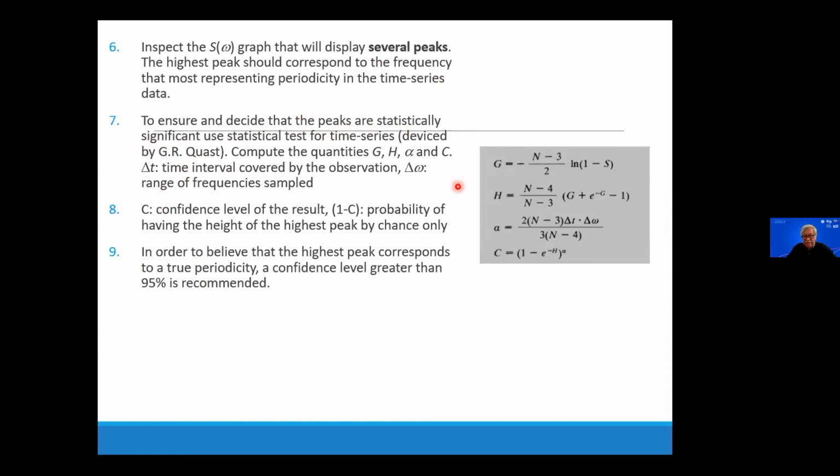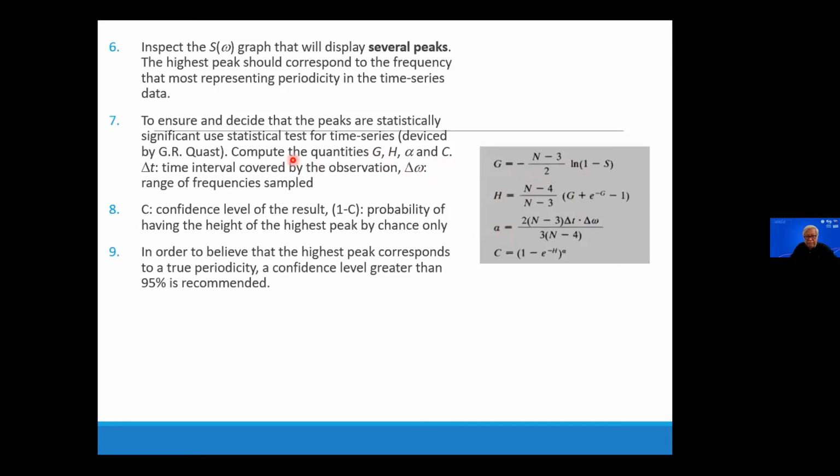This is devised by Quast, one of the authors of this hands-on, in which he formulates this by assuming a normal probability distribution on the peak. As you may see here, there are some transient functions here that actually relate to the distribution. And then he computes, but just follow this, compute this and this parameter alpha here.